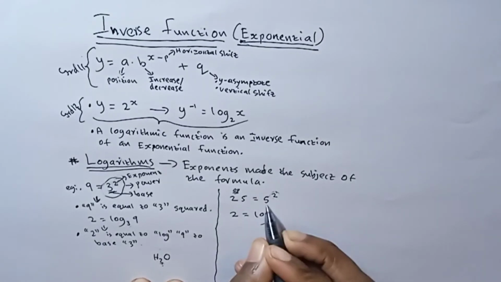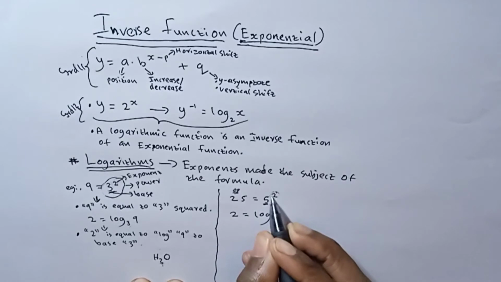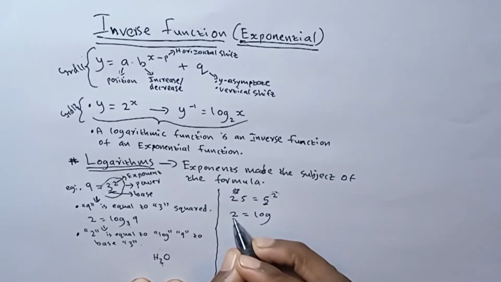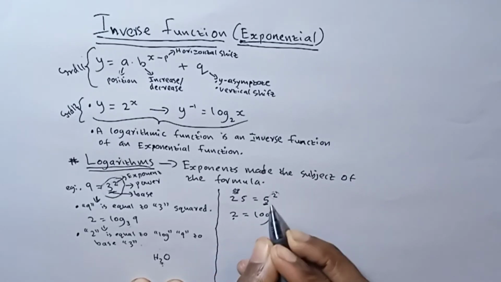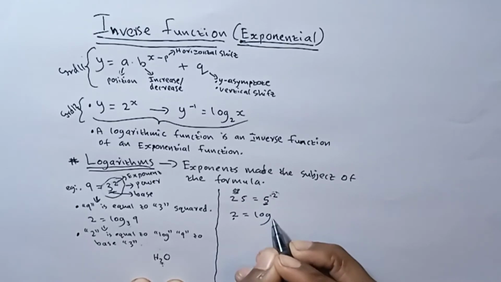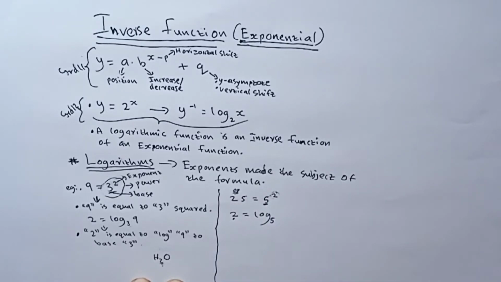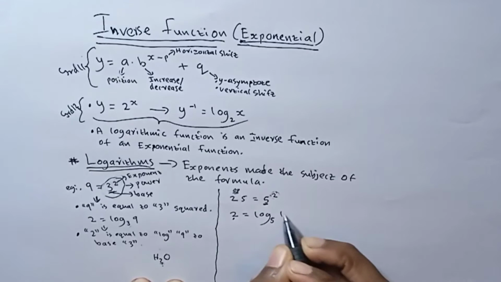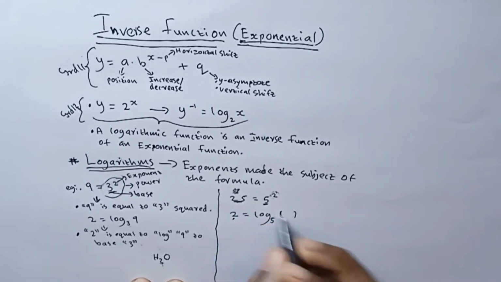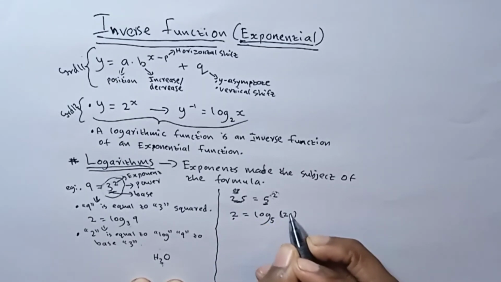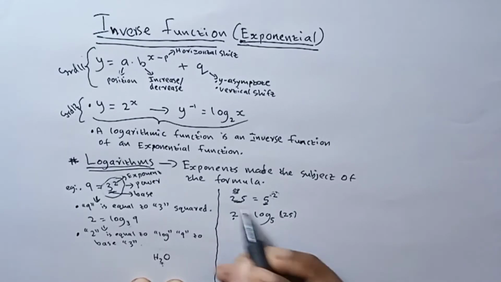Log. What was the base? Remember, what was the exponent will now be the subject of the formula, and what was the base will still be the base. Make sense? Then the remaining part here will be what was the subject of the formula, which is 25. So 25 is 5 squared.